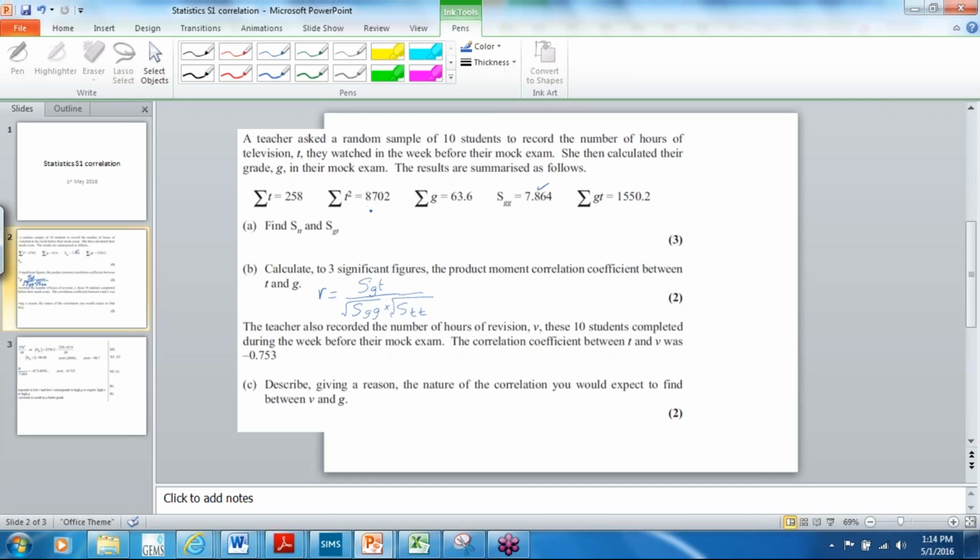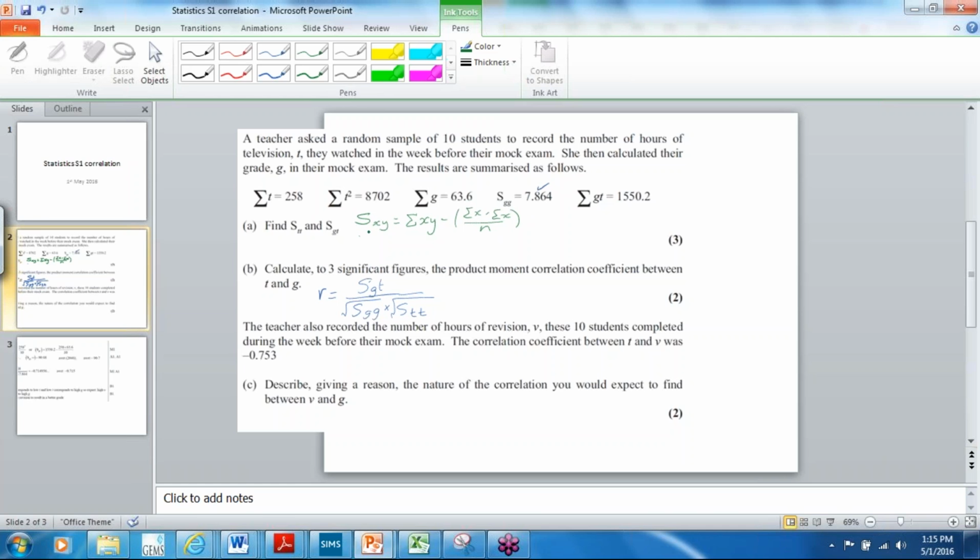Now the formulas that we have. My rubber's not working, okay, so let's just back arrow. The formula for the covariance, you would recall, if it's xy, this is two variables, will be the sigma of xy minus the sigma x multiplied by the sigma y, over n.